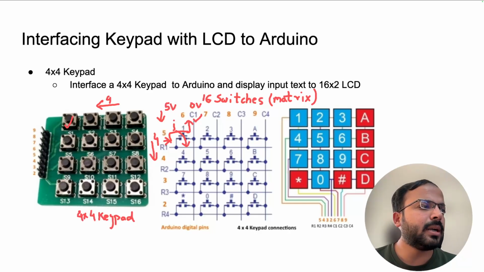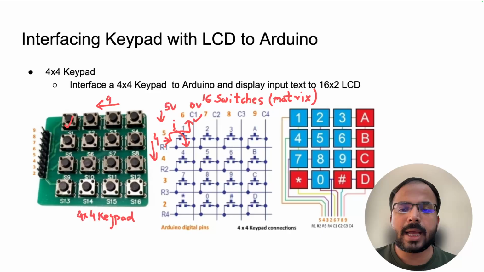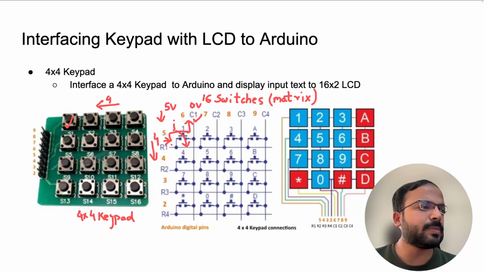But how will you know which row was pressed? So what we do is, one by one, we make it 0. We make R1 to 0, R2 to 0, R3 to 0 and R4 to 0. As soon as we make it, we know that the circuit is complete, and therefore that particular row was pressed. So R1 and C1 was pressed, so particularly key 1 was pressed. So this is how it is.